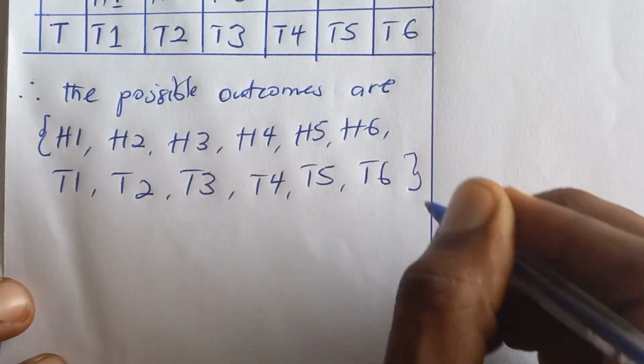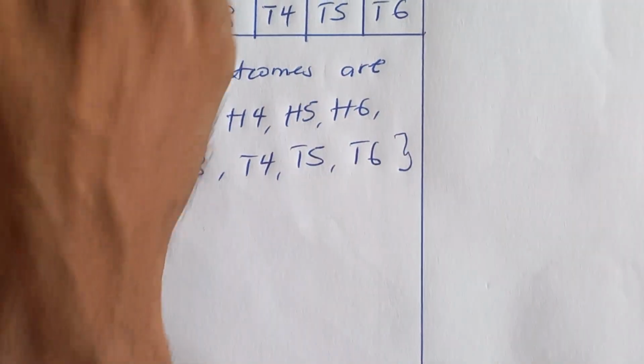So these are the possible outcomes for part I.